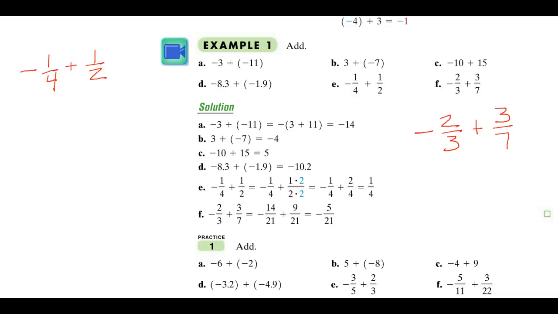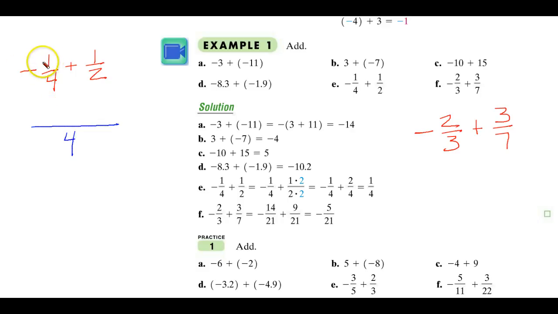But we are allowed to multiply any fraction or anything by 1 that doesn't change the value of the number. So let's first pick out a common denominator between these two. Well, it would be 4.